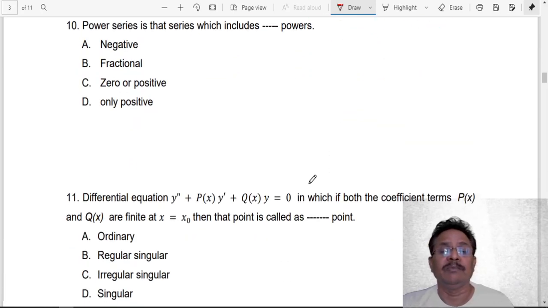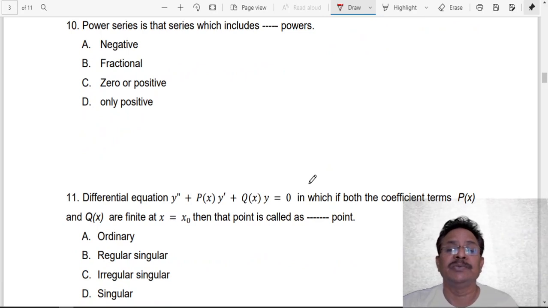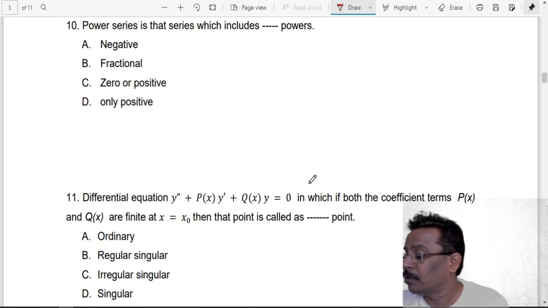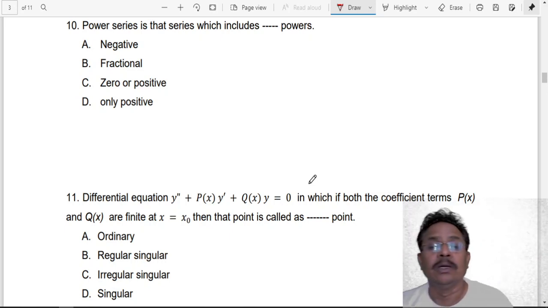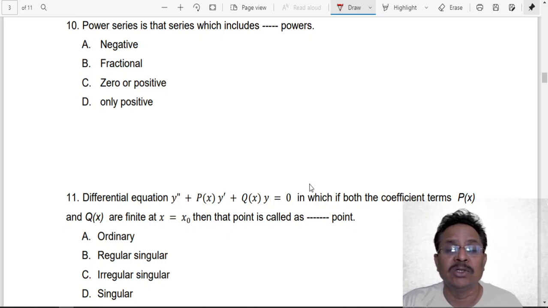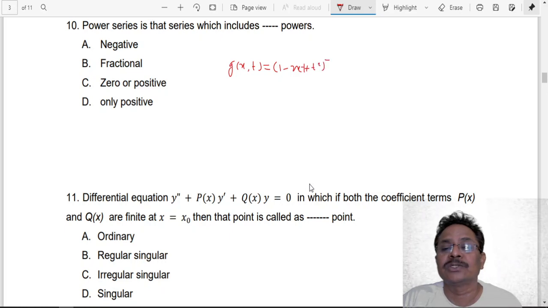Now question number 10: a power series is that series which includes dash dash power. This power series includes only 0 or positive powers. Negative powers are not to be there. So for every power series, for example, g of x,t, if it is expanded, this is 1 minus 2xt plus t square raised to minus half.